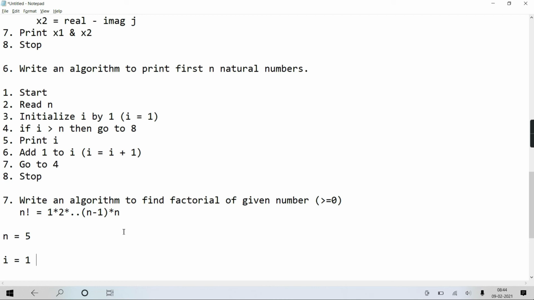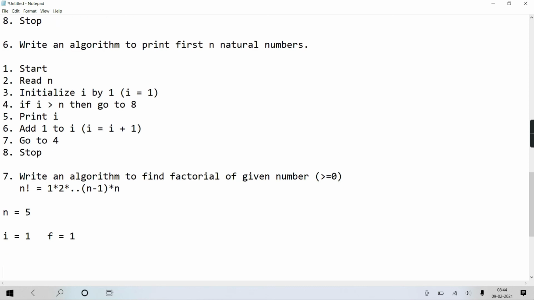So temporarily we have to store the answer till now, what we have got, because with that answer we are going to multiply the next number. So that I'll take as f, which will be initially 1. So initially f will be 1, I will be 1.